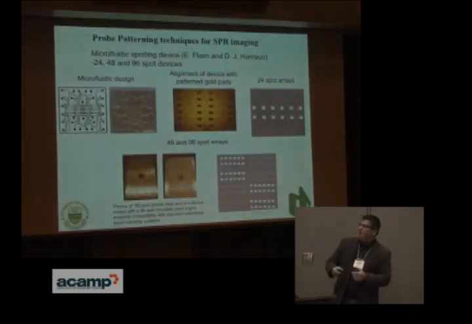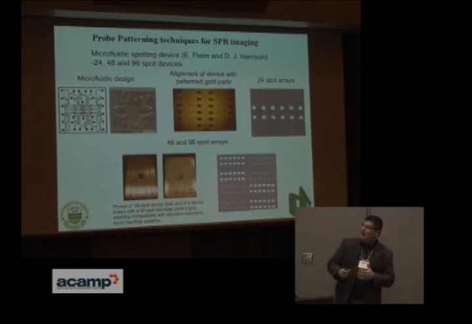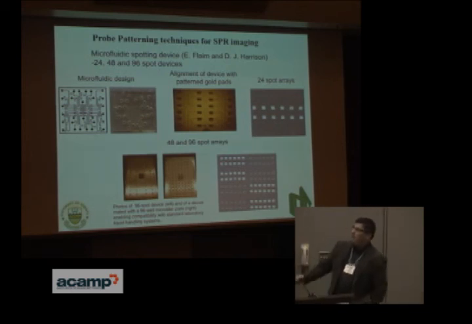In fact, we've developed microfluidic devices to do spotting on larger scales, and this work was done by Eric Flame, who's sitting over here. So these are all microfluidic devices that allow you to put different addresses on chips in order to measure massive amounts of interactions. And in this case, there's 96 spots here. And so you can do very massively parallel detection using these types of systems.